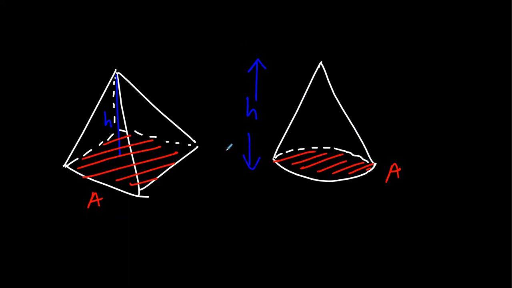So the height is H. Then the volume for both shapes is simply a third A times H. And you get these in the formula sheet.